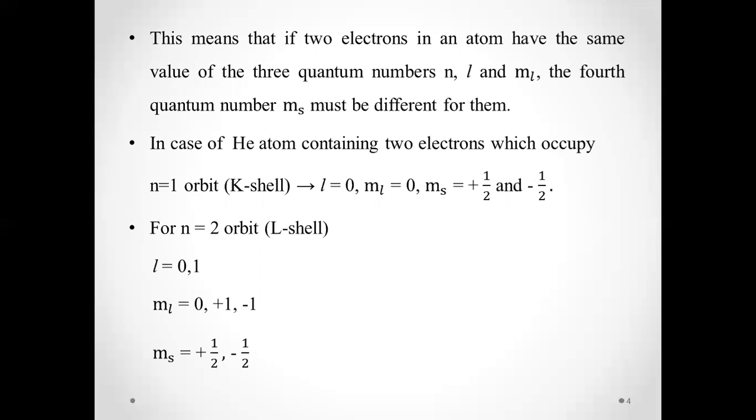Hence, the value of ml is equal to 0, plus 1, minus 1. Finally, ms is equal to plus half and minus half for the two electrons, depending upon the parallel and anti-parallel spins.